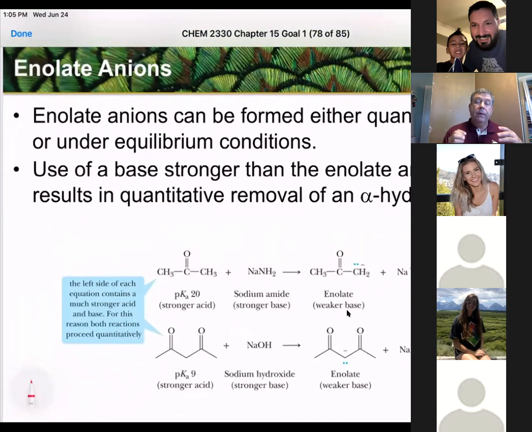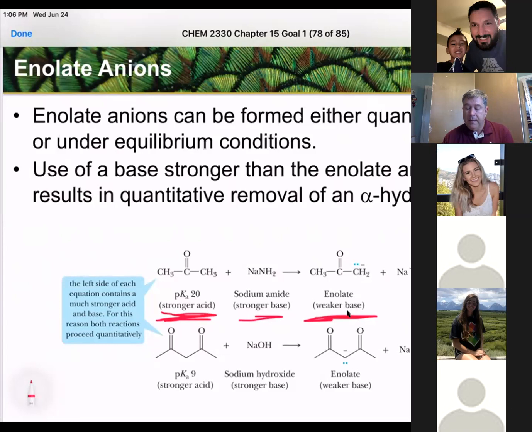So if we look at the acidity of that hydrogen for just a ketone like this, we saw from the previous scale, it was approximately 20, okay? So that means we have to use a strong base to form that enolate. And in the presence of that, our stronger acid turns into our weaker base. Our stronger base turns into our weaker acid. So if we look at the pKa of the conjugate acid formed, it's higher, right?